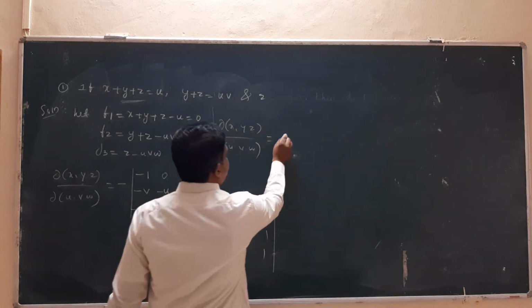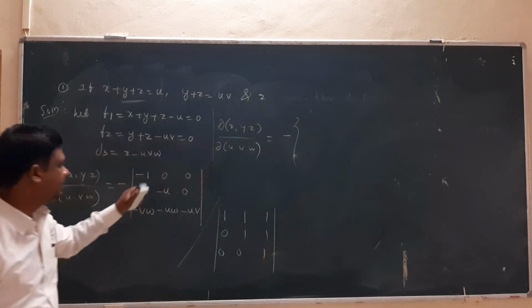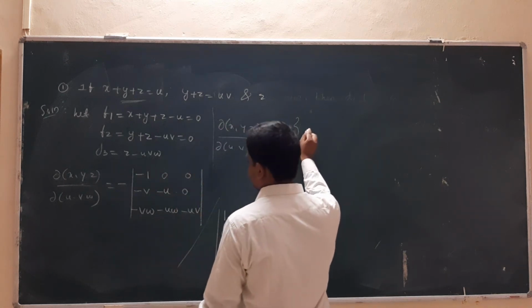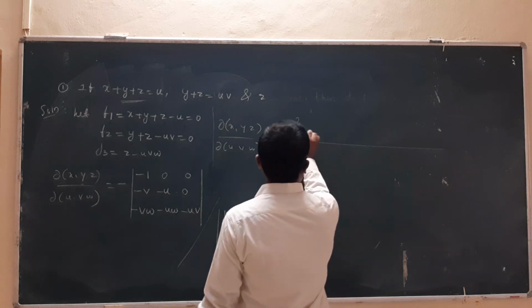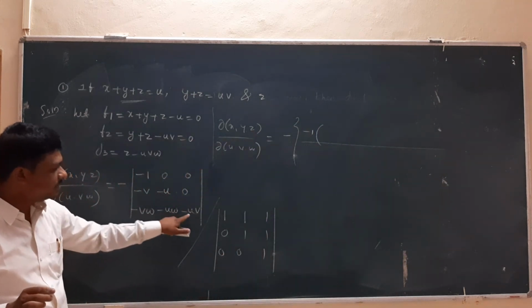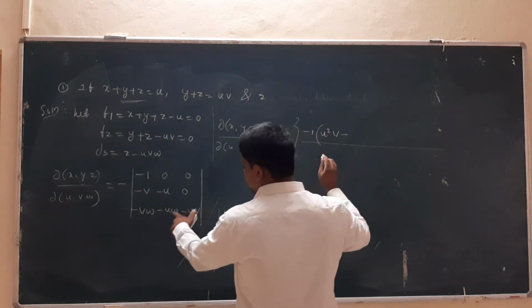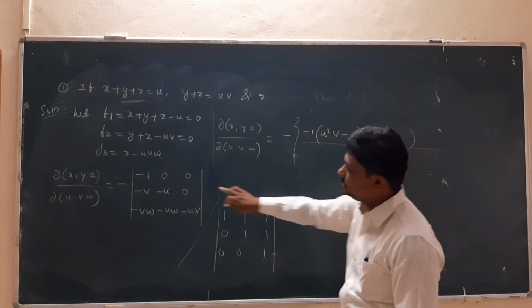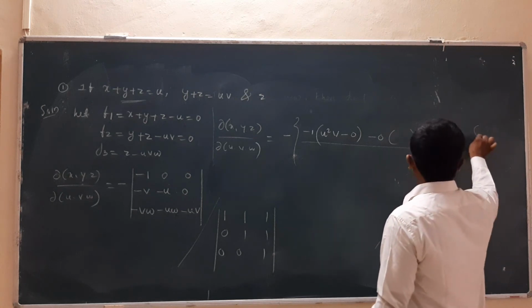So therefore this is minus. So I will simplify the numerator. I will simplify the determinant. Minus 1 into, so multiplication of minus and minus becomes plus, u squared v, minus 0. Minus 0 into anything is 0, and plus 0 into anything is 0.